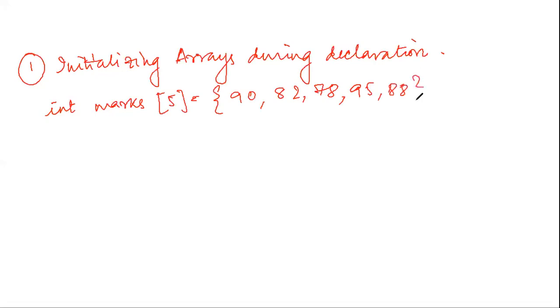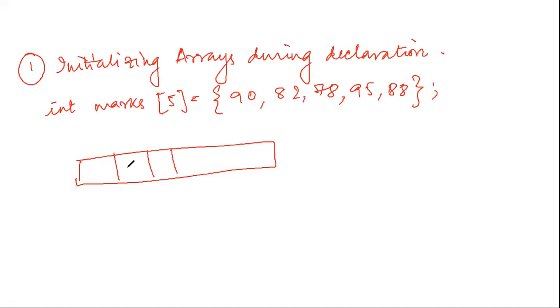Where I am declaring, there only I am initializing the values. After starting your int main, this is the line which I am writing. This line will mean that in my memory 5 spaces are allocated, starting from marks[0], and in those 5 spaces I am by default inputting these values.